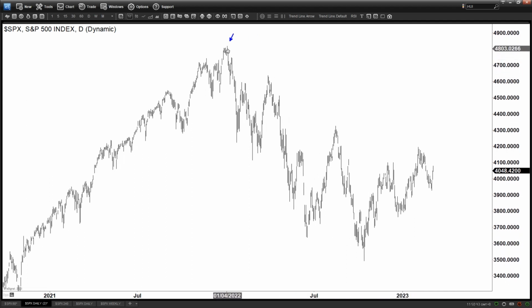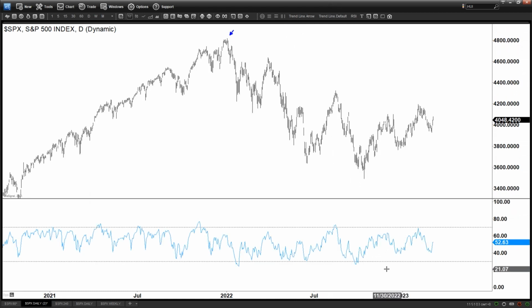Now, if you count the sequence, you can argue it could be counted as a five swing. By definition, a five swing can have follow-up, and you can also see that if you look at the RSI.